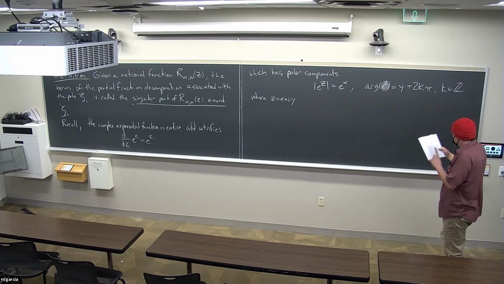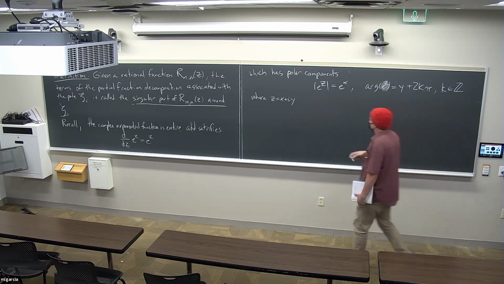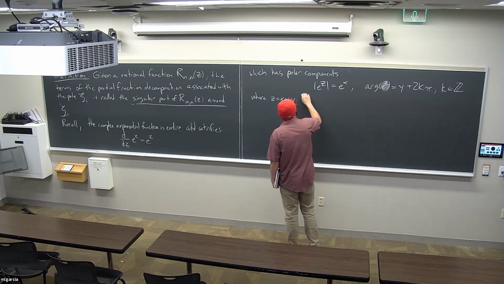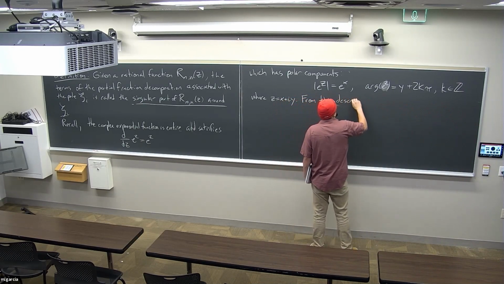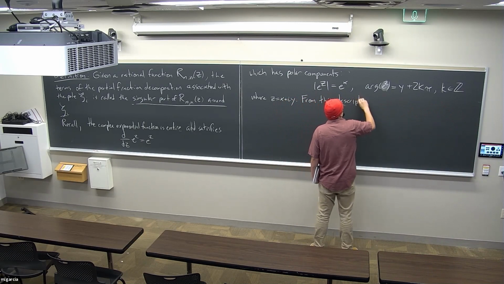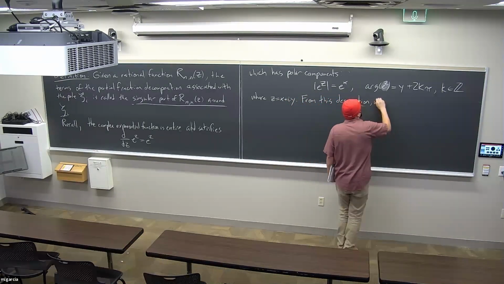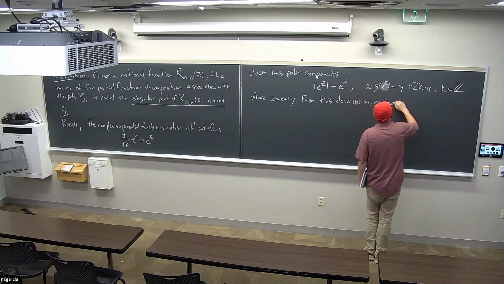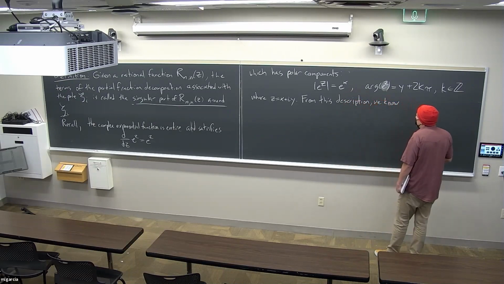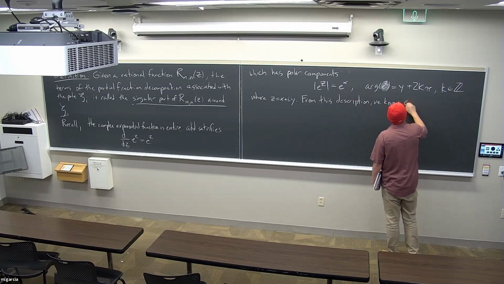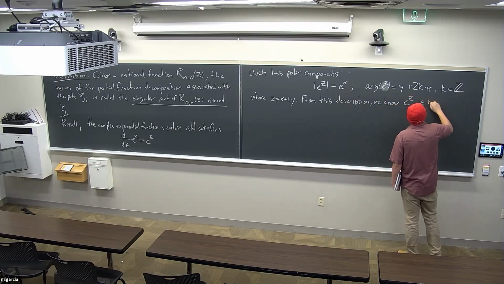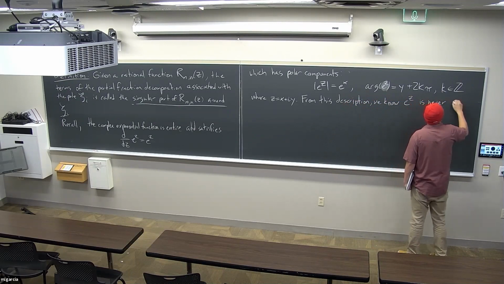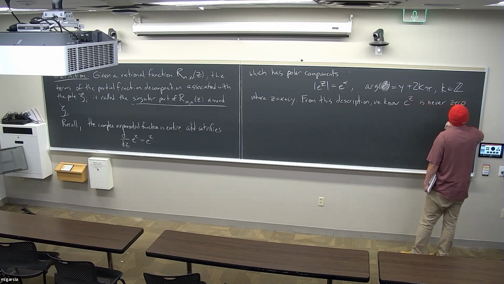So, from this description, we know, first of all, that e to the z is never 0, right?